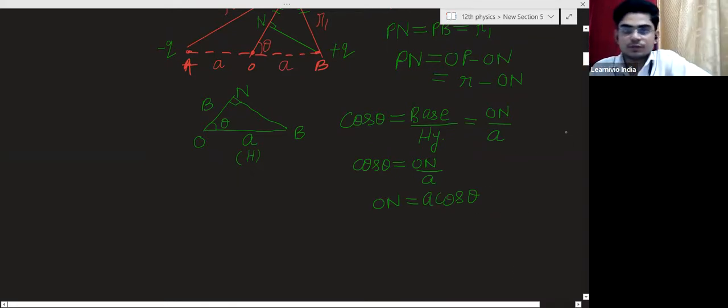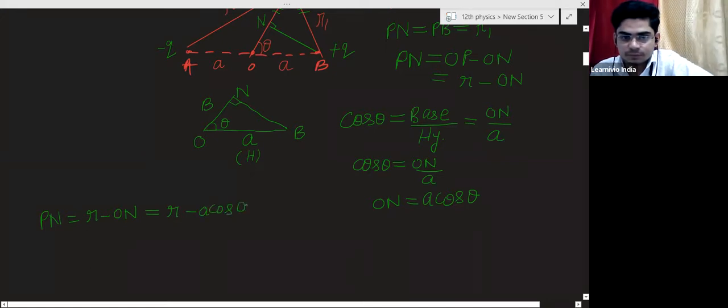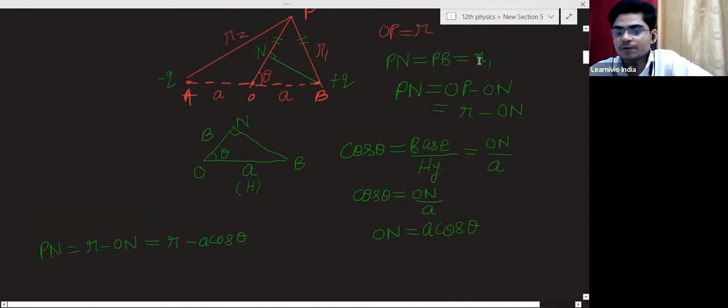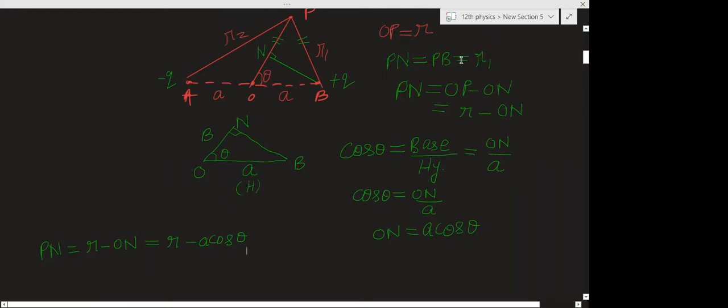So now I will write here: PN equal to R minus ON. Now what is ON? A cos theta. And what is PN? PN equal to R1. We can write PN equal to PV, and PV equal to R1.